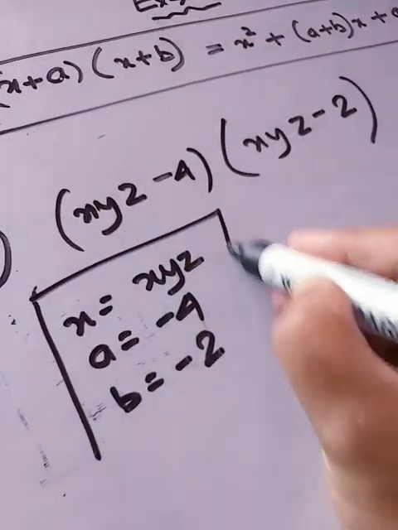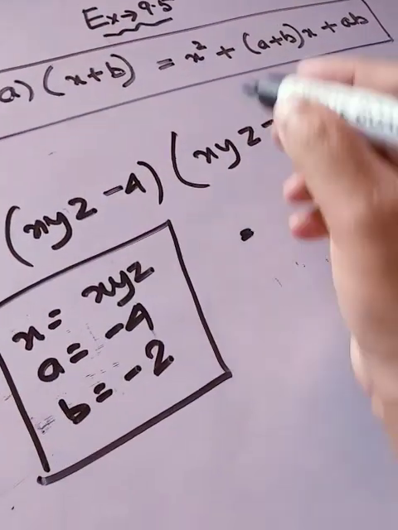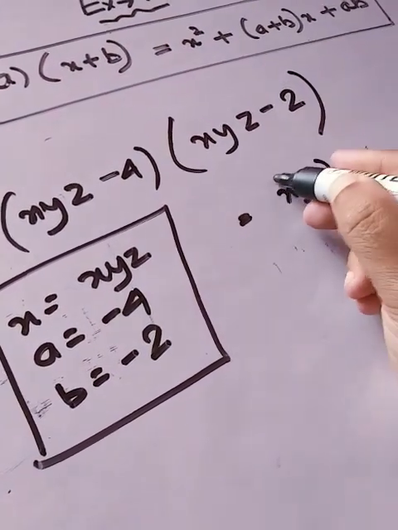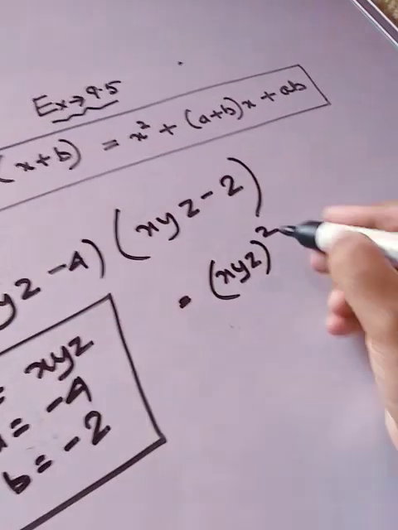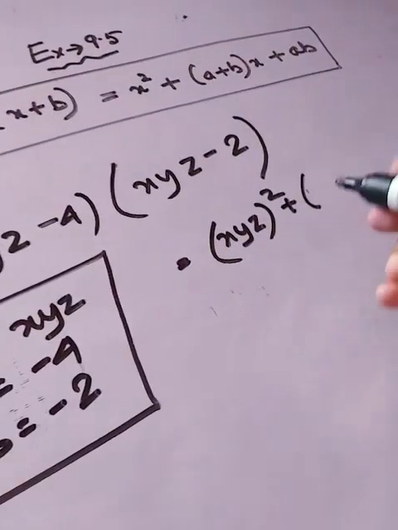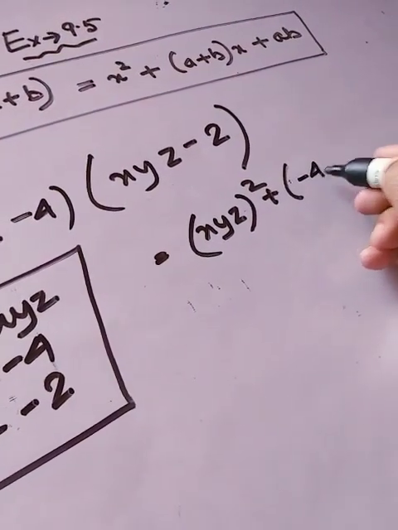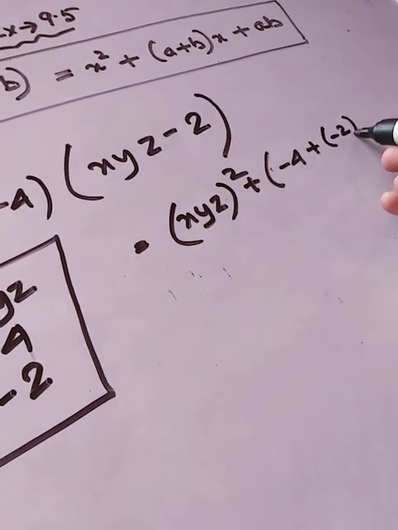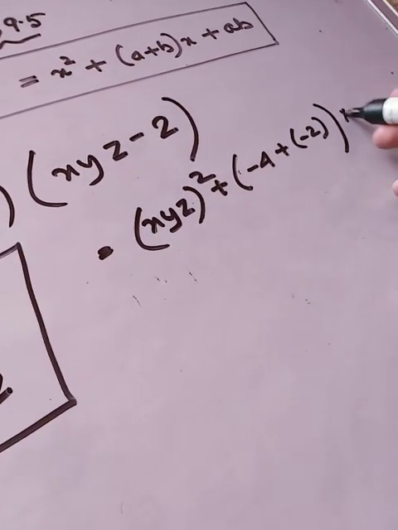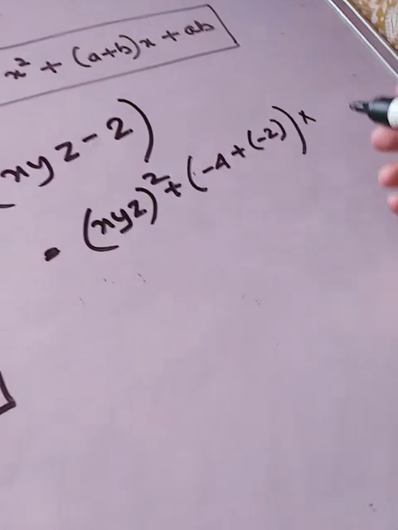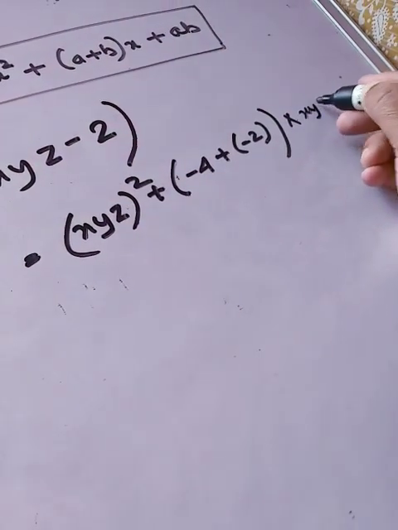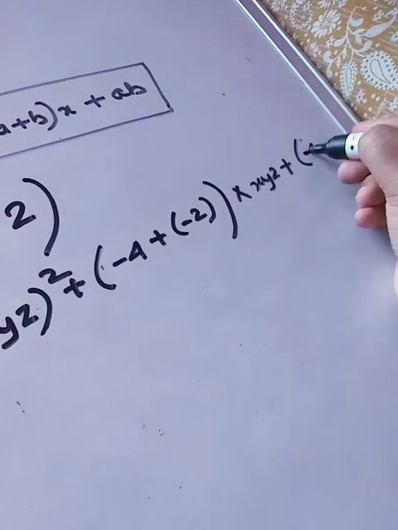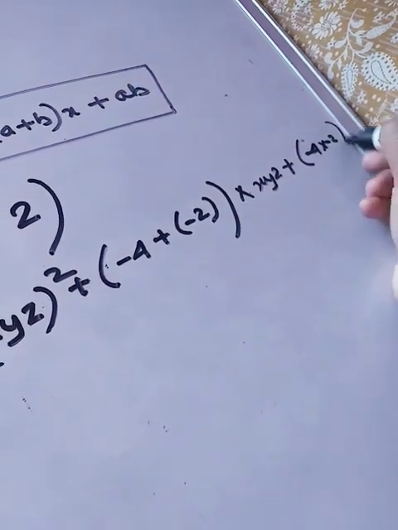Now again we will follow the formula, that is x square. x square means xyz square, plus a plus b. So a is minus 4 plus b is minus 2, into x. x is xyz, so we will write xyz, plus ab means a into b, so minus 4 into minus 2.